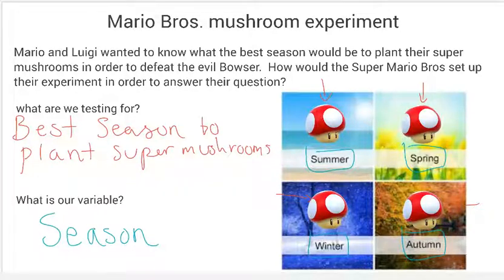So in order to get the for sure answer, we have to make sure that we only ever change one variable, and also repeat it multiple times. Because if we repeat it multiple times and we get that same answer over and over again, we know that answer for sure is the correct answer to our question.